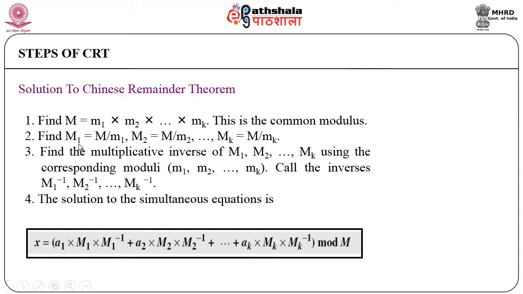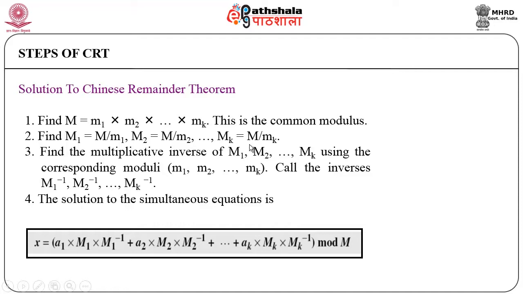The next step is to find capital M1, which is different from smaller m1. Capital M1 is equal to capital M divided by m1. Similarly, we have to find capital M2 as capital M divided by m2, capital M3 as capital M divided by smaller m3, and so on till capital Mk is equal to capital M divided by mk.